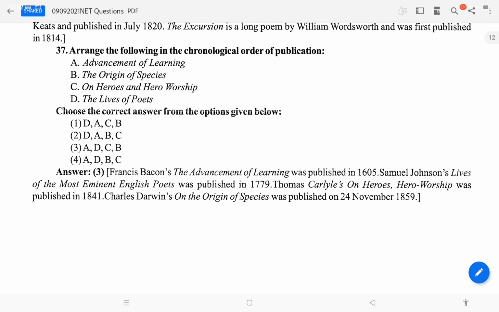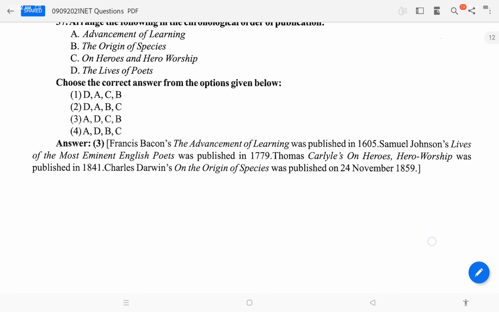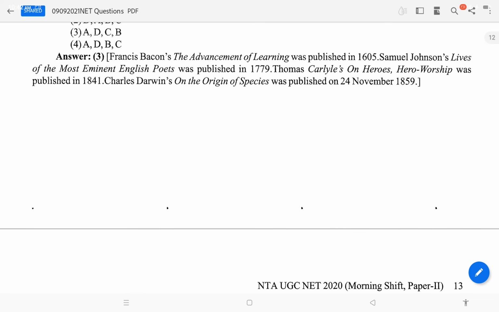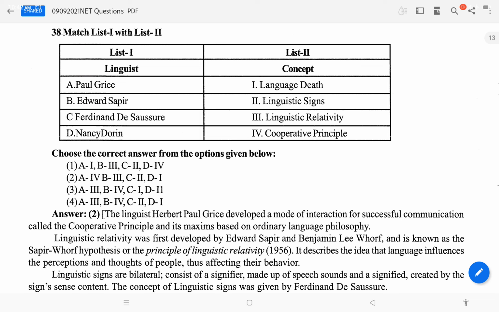Samuel Johnson's Lives of the Most Eminent English Poets was published in 1779. Thomas Carlyle's On Heroes and Hero Worship was published in 1841, and Charles Darwin's On the Origin of Species was published in 1859. So you know that Darwin's Origin of Species must come last. In that way you can answer the question correctly.